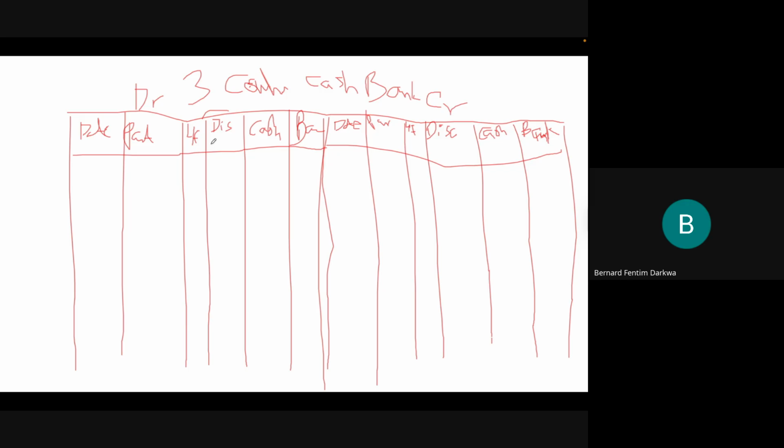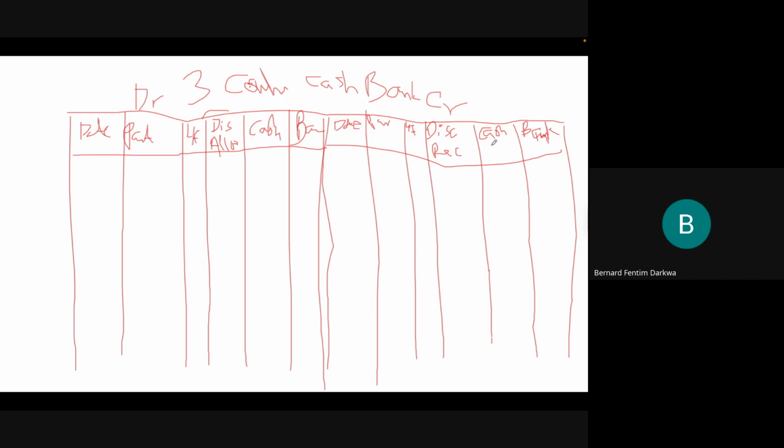This is the discount allowed column. And the one at the payment side is discount received. So that is the whole thing.